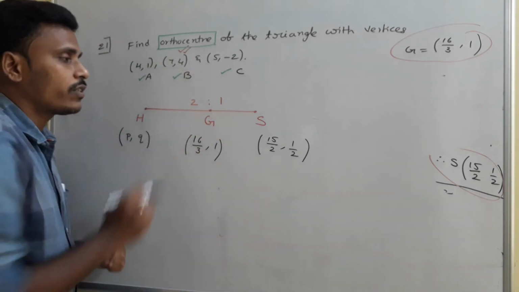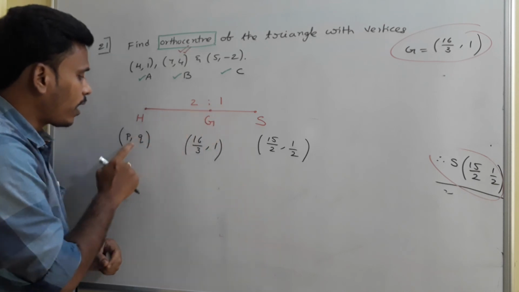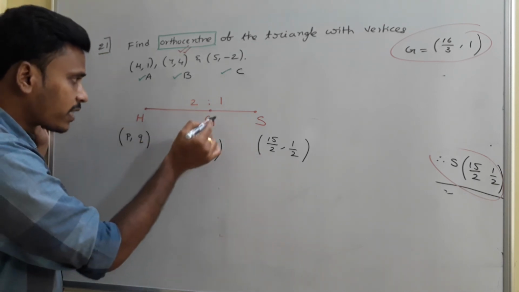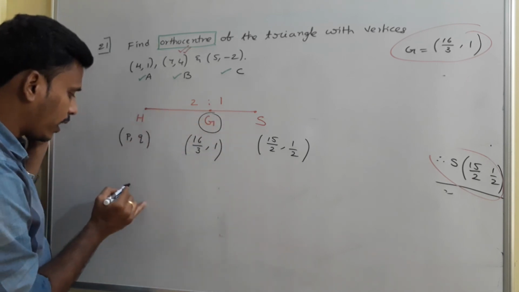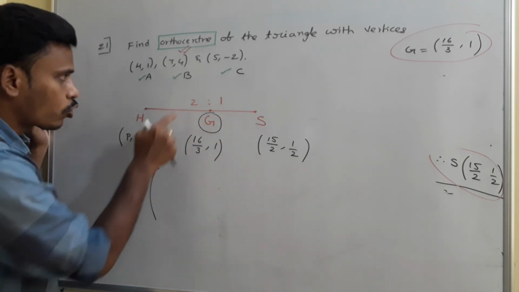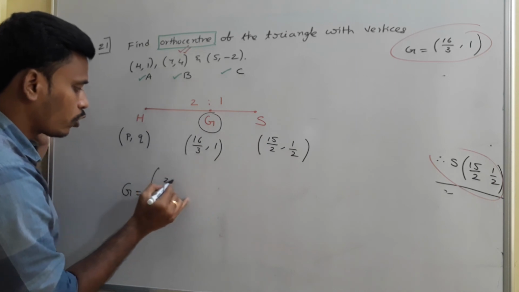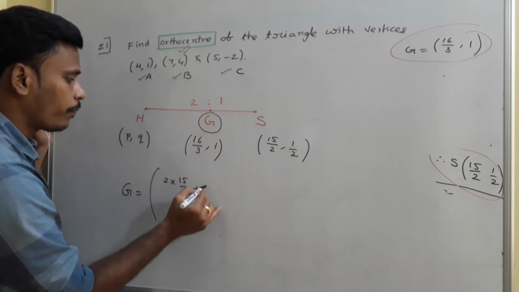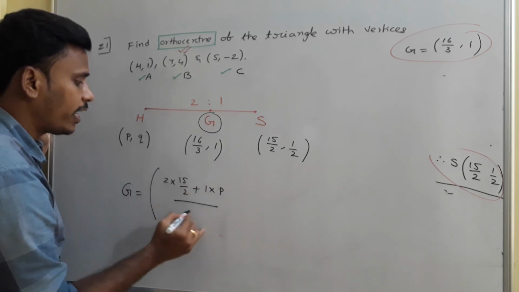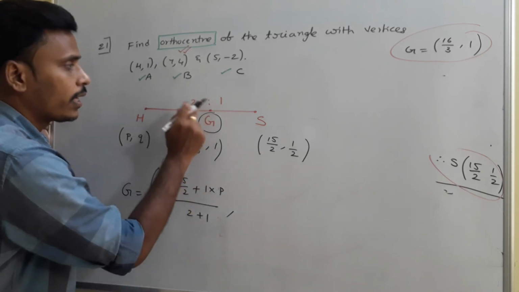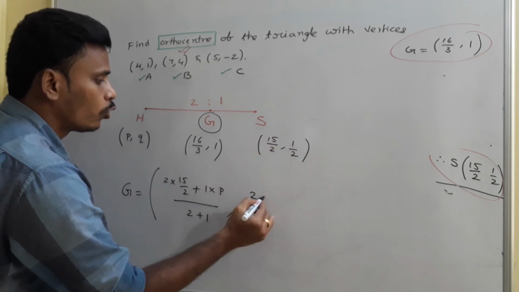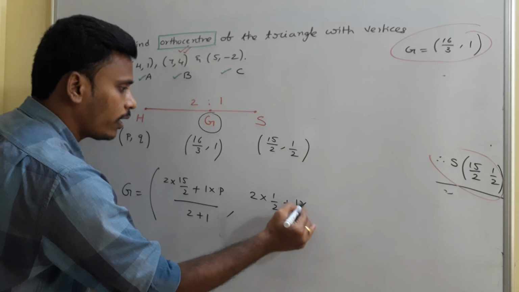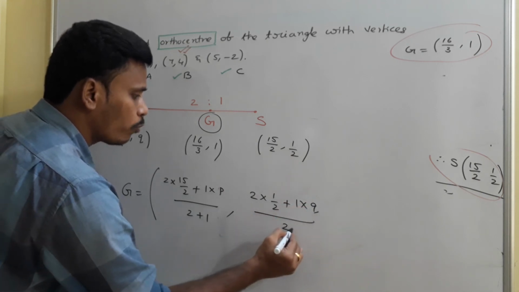Again use the section division formula. So 2:1, and P comma Q and 15 by 2 comma 1 by 2. By the section division formula, again I can calculate G. G is equal to (M x2 plus N x1) over (M plus N), so 2 into 15 by 2 plus 1 into P, divided by 2 plus 1, comma M y2 plus N y1, 2 into 1 by 2 plus 1 into Q, divided by 2 plus 1.